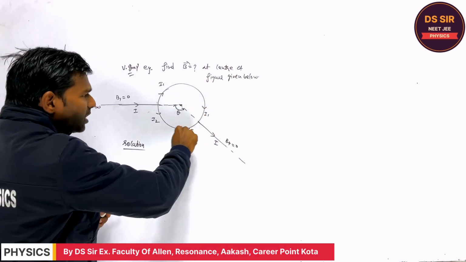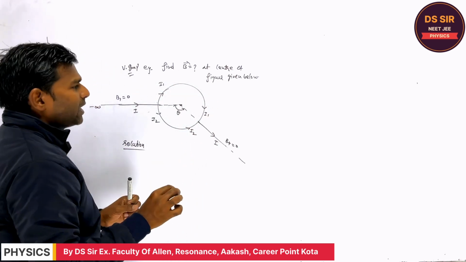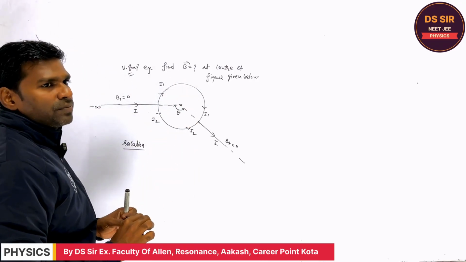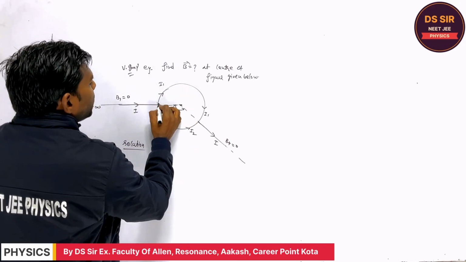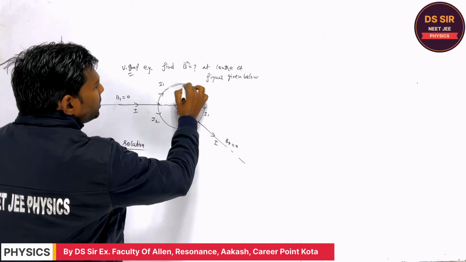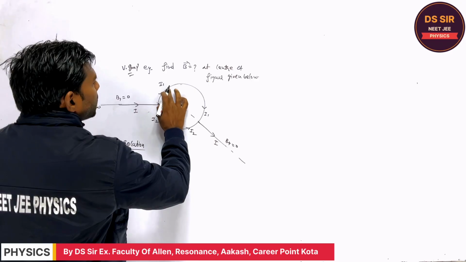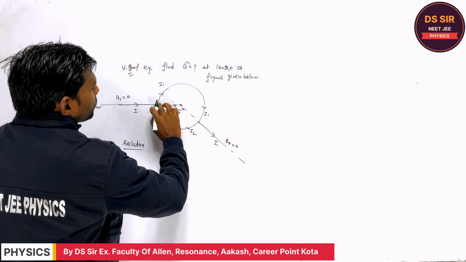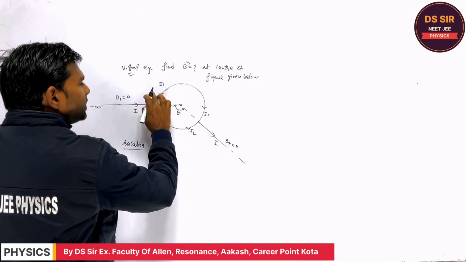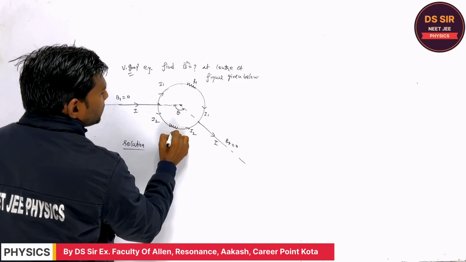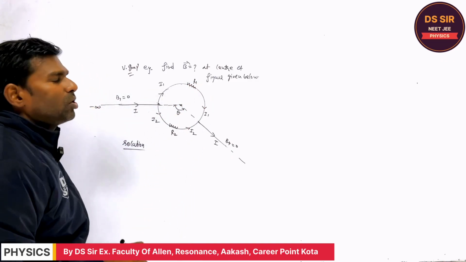This is the circular arc of the current carrying wire, and this current carrying wire is uniform, right? Uniform means its length is uniform, its area is uniform, right? So first we have to find the resistance of this part, supposed to be R1, and this part supposed to be R2. Is it clear or not, you tell?